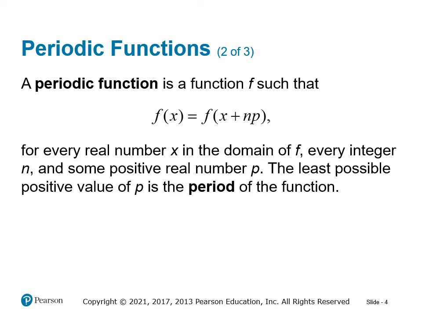So what we're saying here is if we think about the face of a clock and the period is 12 hours, then we know that at f of 1, it's pointing at the number 1, the hour hand. And then if we wait 12 hours later, it's going to be pointing at 1 again.